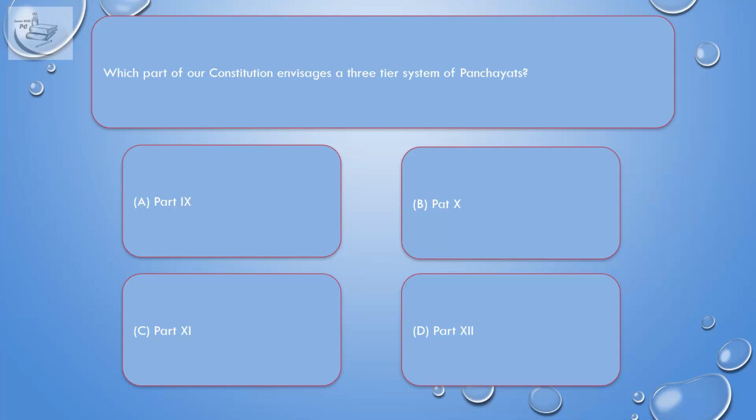Question: which part of our Constitution envisages a three-tier system of panchayats? A. Part 9, B. Part X, C. Part 11, D. Part 12. Correct answer is A. Part 9.